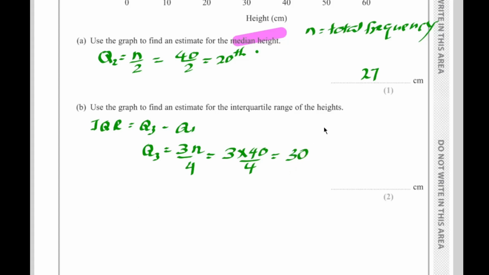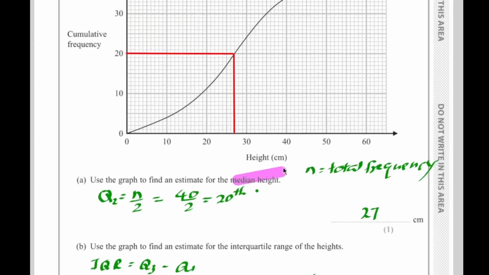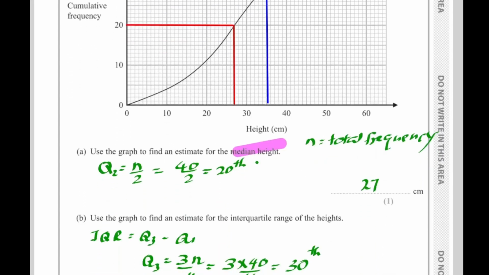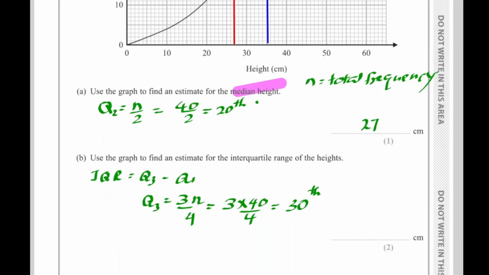And I need to get the 30th reading. So let's go back to the graph and get the 30th reading. I'm going from 30 and coming all the way down, which is 35. So I'm getting Q3 as 35.